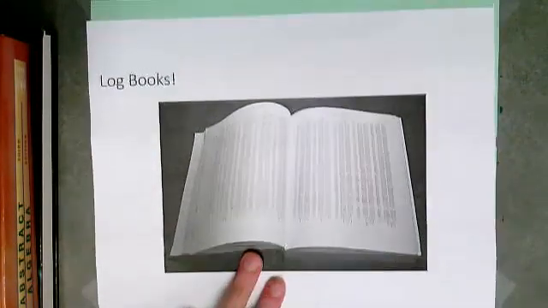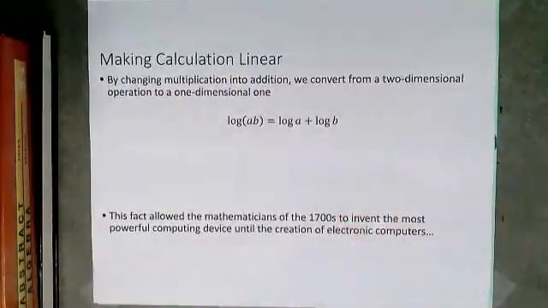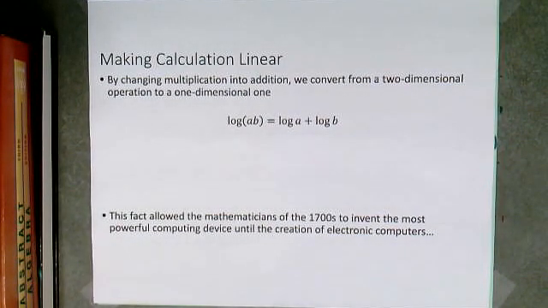Another thing on still historical stuff and importance of logs in performing calculations was making them sort of linear. And so they changed multiplication into addition, and we convert from a two-dimensional operation to a one-dimensional one.